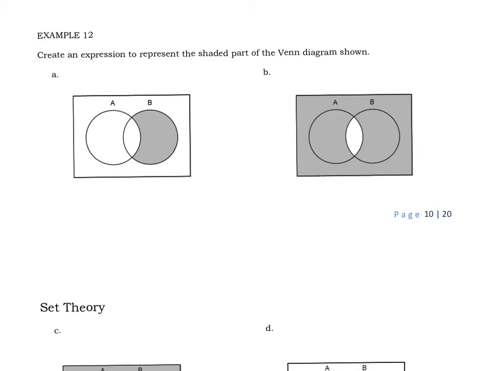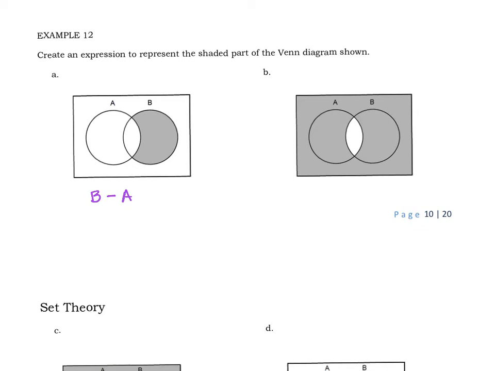All right, so in question A here, we have a portion of set B shaded, but it's B and B alone. So when I look at that, that is all of set B, and I just want to take out the chunk that is shared with set A. Well, that is exactly the definition of a difference.